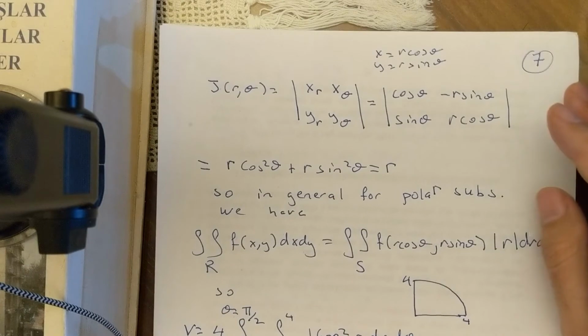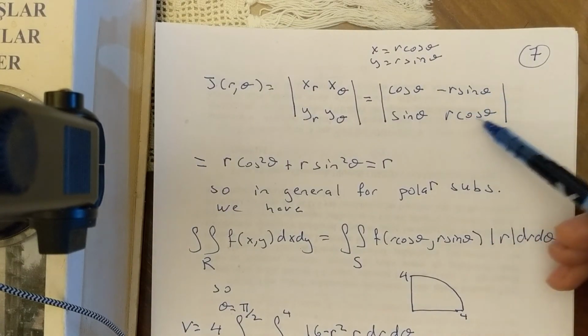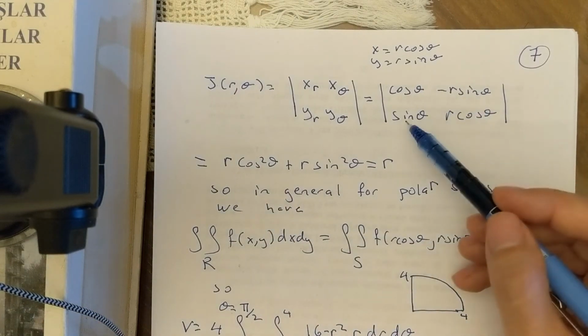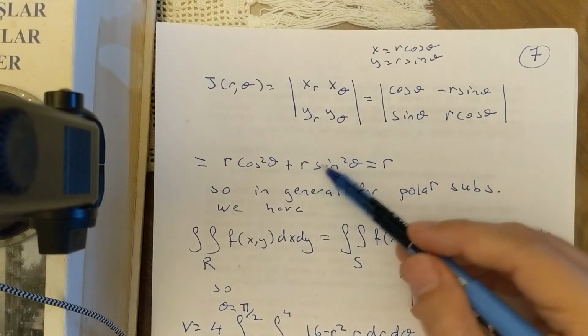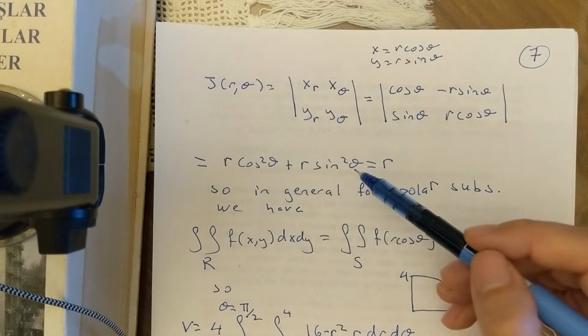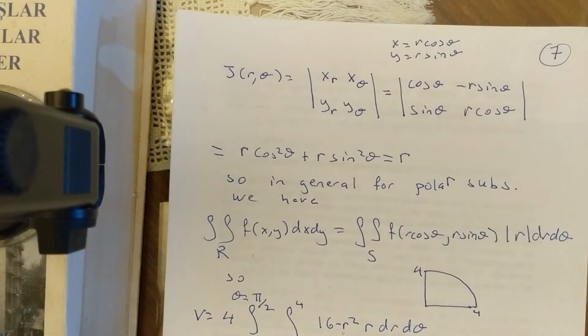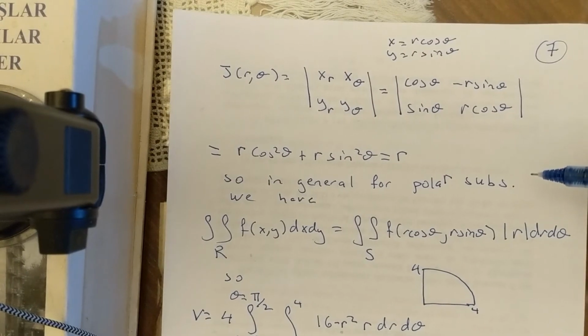If we calculate the determinant here, it's going to be cosine theta times r cosine theta, which is r cosine squared theta, minus a minus, right? Minus a minus r sine squared theta. Since cosine squared plus sine squared equals 1, once we factor out r, we just get that this thing was r. Now, this is directly going to go into my Jacobian.